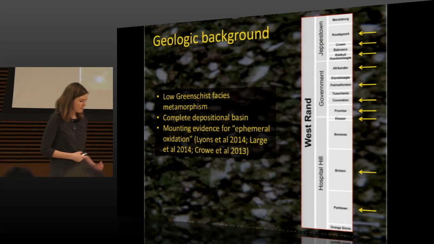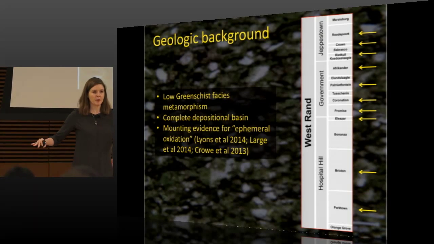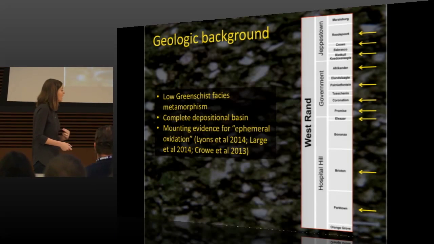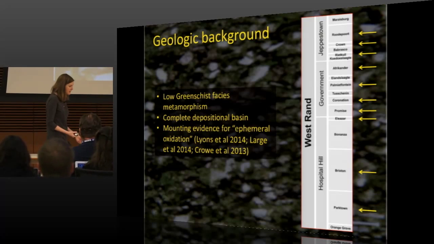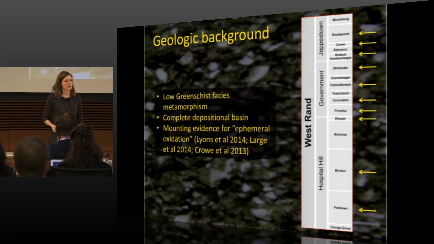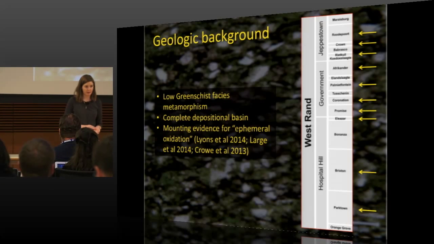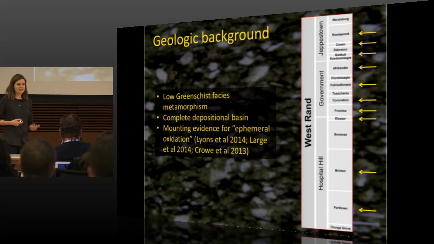These rocks represent a complete depositional basin from just offshore to the starved shelf. And these rocks have been used as evidence for atmospheric oxygen. That has come in the form of chromium isotopes, selenium concentrations in pyrite, and molybdenum isotopes.